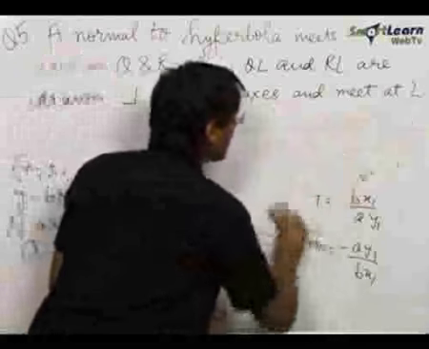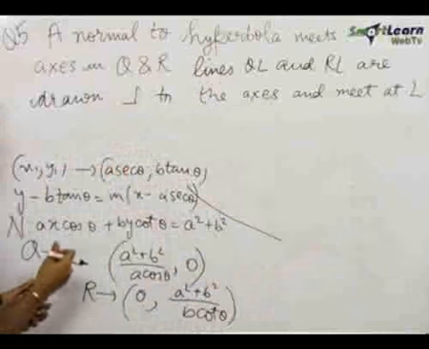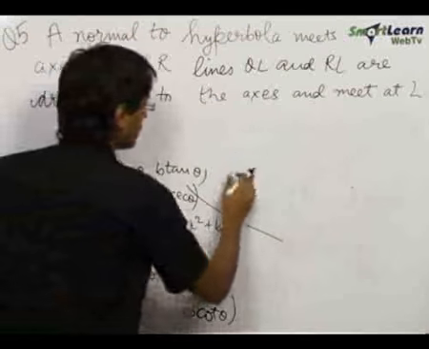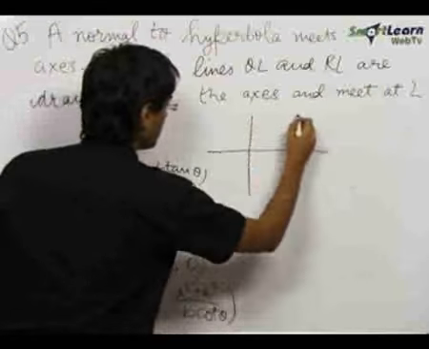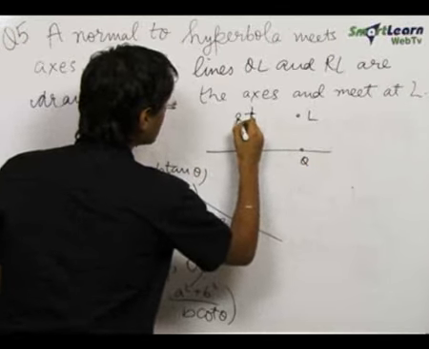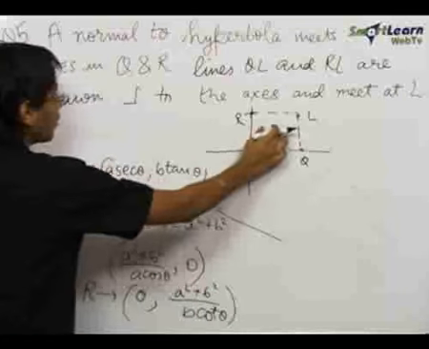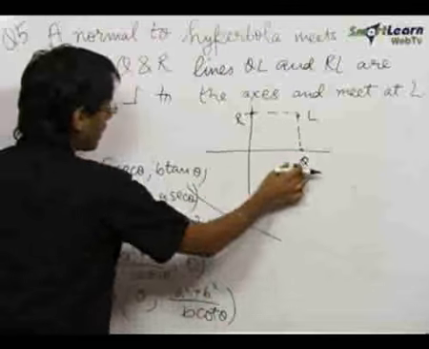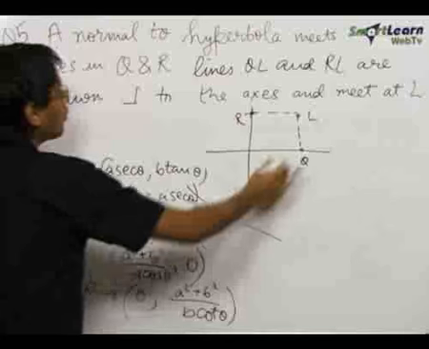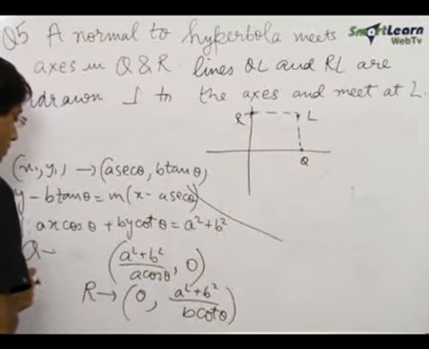Now QL and RL are drawn perpendicular to the coordinate axis. This is the point L, this is Q and this is R. So the x coordinate of L will be equal to the x coordinate of Q and y coordinate of L will be equal to the y coordinate of R, since there is a rectangle being formed.